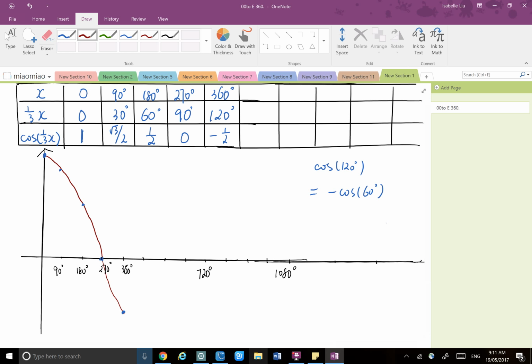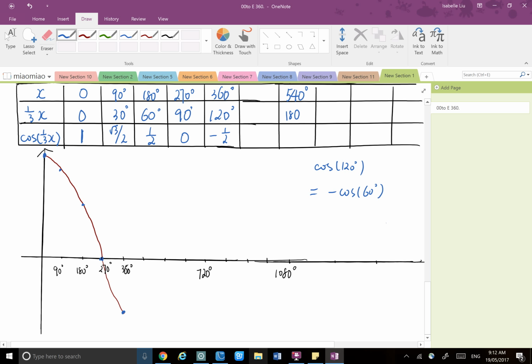So if I keep giving x values, let's say what 540 gives us. Okay, if I have 540, divided by 3, I will have 180.